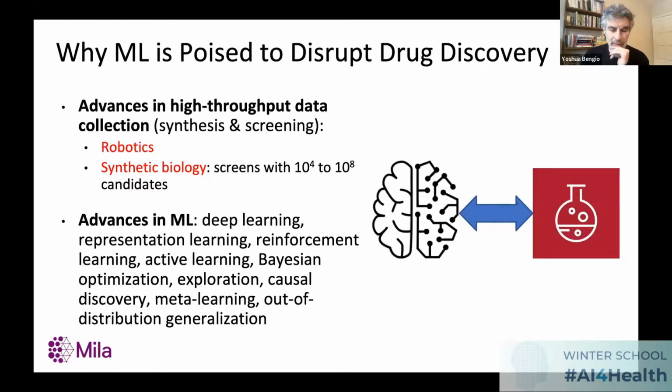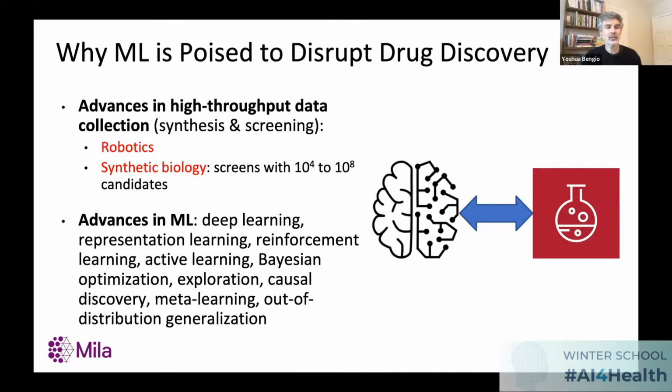Now, this kind of research becomes more relevant these days as the tools in biology to acquire data, to perform experiments on the large scale are moving very fast. So on the one hand, we have more and more automated tools, robotics that can do many experiments at a time in parallel.